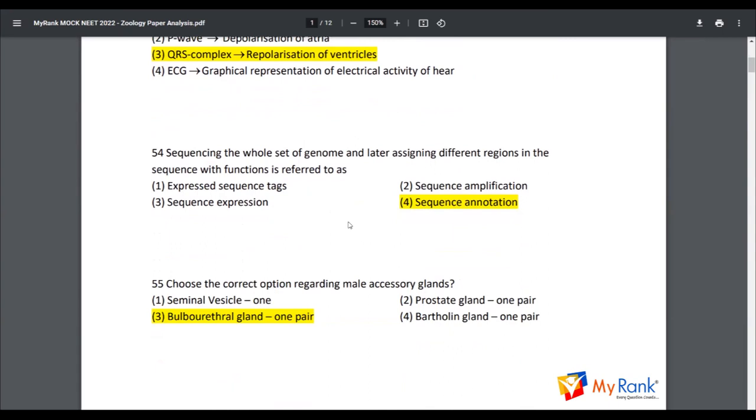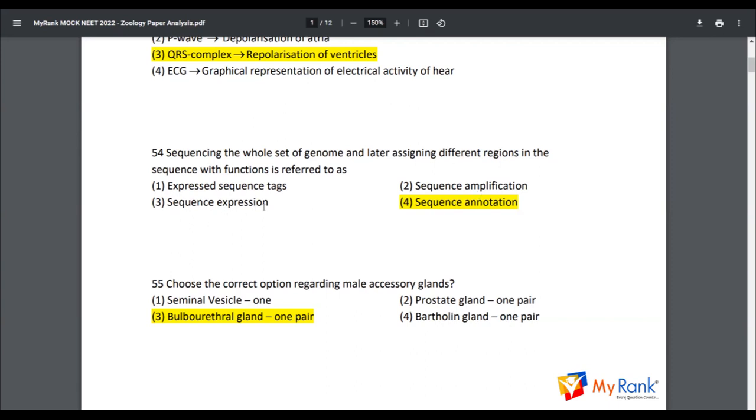Then the next question: sequencing the whole set of genome and later assigning different regions in the sequence with functions. So what is it called? Express tags include the amino acids and their expression, so wrong. Sequence amplification: amplification means multiplication, so wrong.